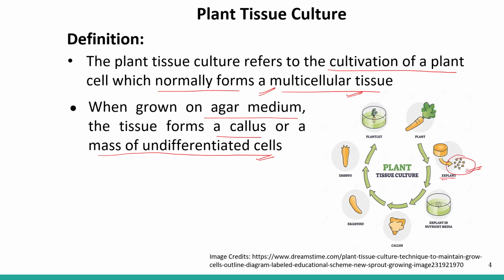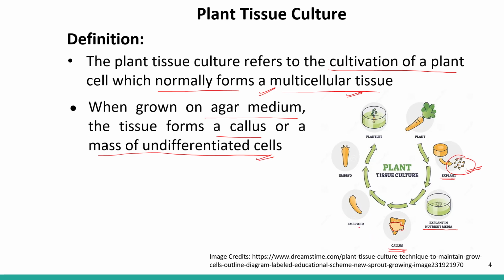Here you can see the carrot has been cut into small pieces, and those small pieces are kept in the nutrient medium. This multicellular tissue now gives rise to an undifferentiated mass of cells that is called callus.